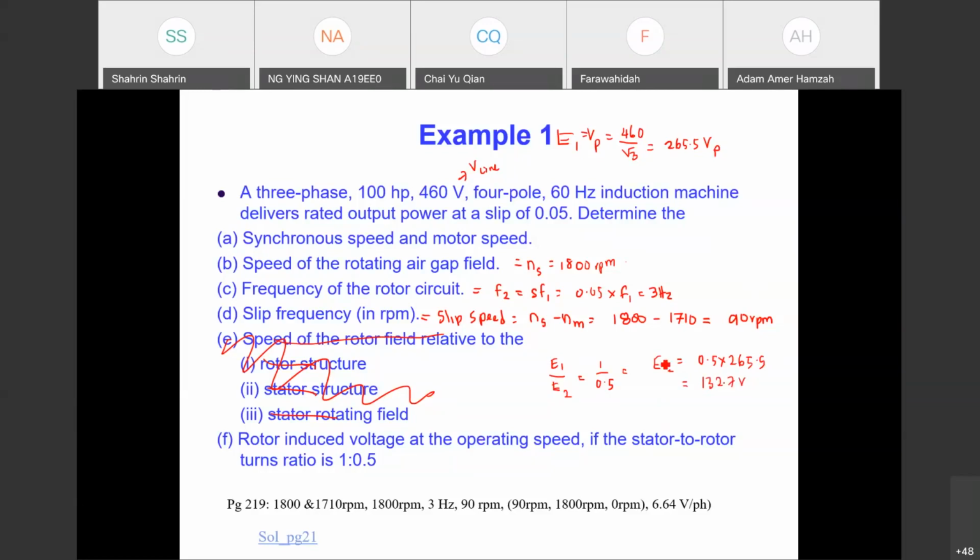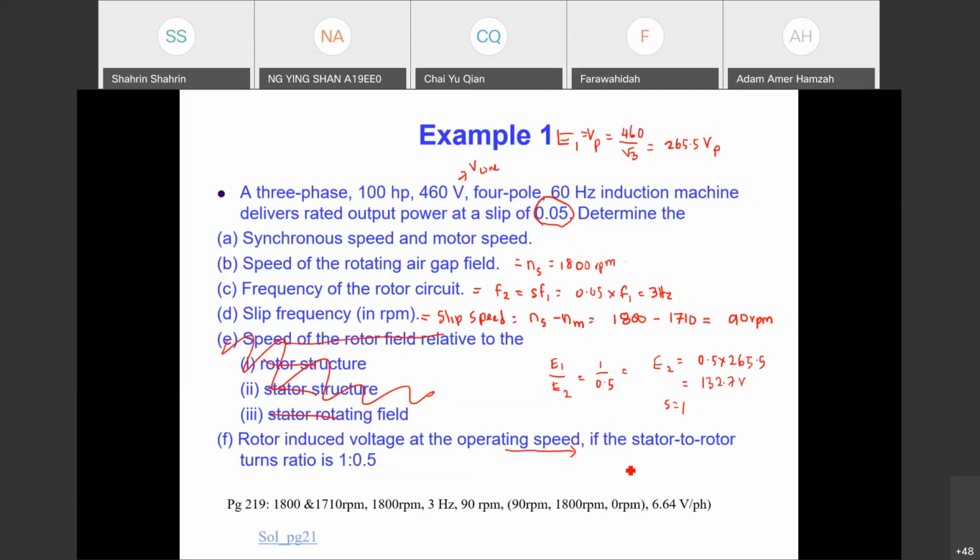Okay, so this is the voltage induced inside the rotor during standstill, meaning that S is equal to 1. So right now, we want to see what is the voltage induced during the operating speed. So the operating speed is actually during slip equal to 0.05.